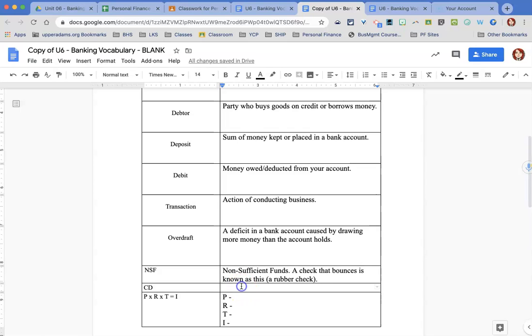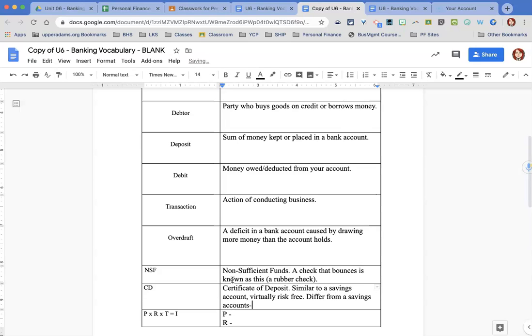All right, a CD. CD is not a compact disc. It's a certificate of deposit. It is similar to a savings account, but it's virtually risk-free. However, it differs from a savings account because it has specific fixed terms. Oftentimes, these terms are 1, 3, or 6 months, or 1 to 5 years.